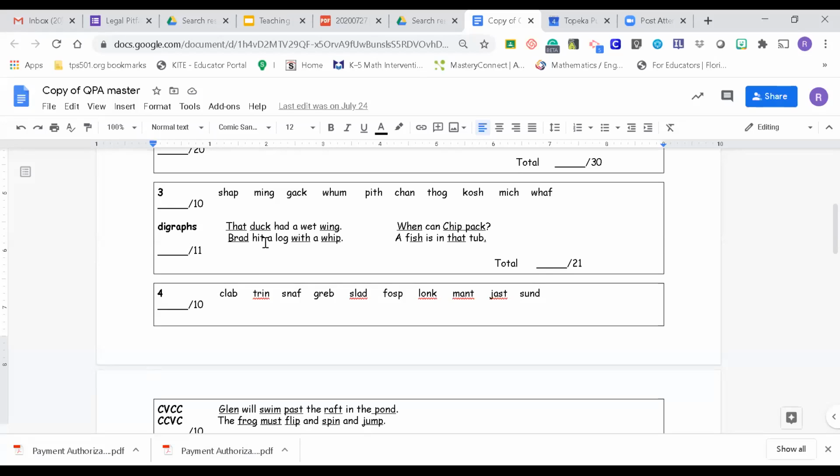Oh, no, you're fine. If they don't know the nonsense word, but they can do it in context, what is your thinking there? What that tells me is they've got maybe those words in their sight vocabulary, but they don't have the pattern. So it could be a quick reteach, because I used to think, why nonsense words?